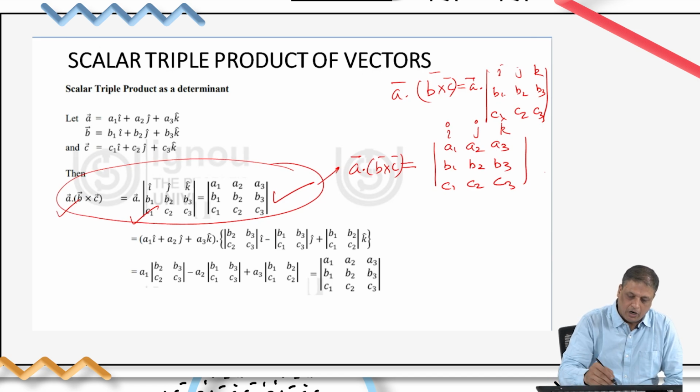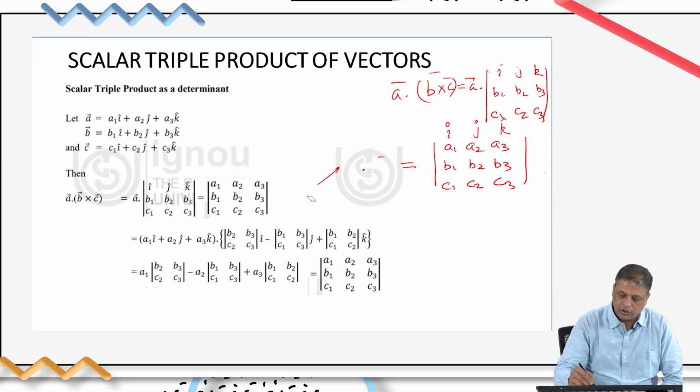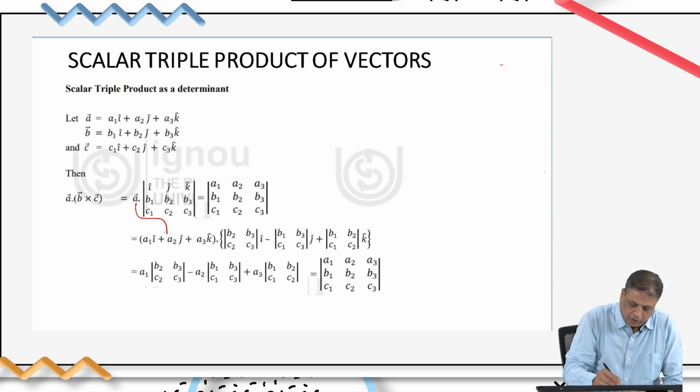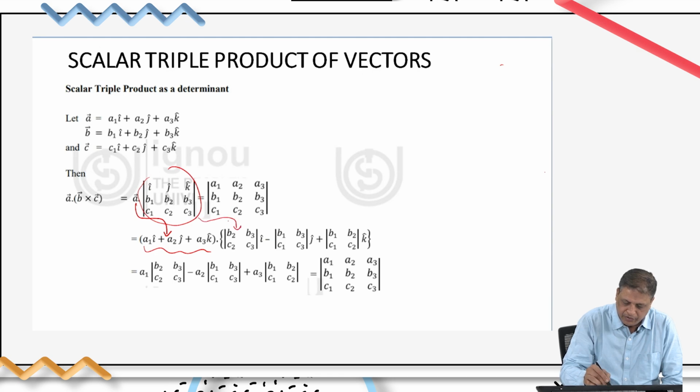Let us understand how we got this formula. We represent the component form of vector A as this, and this is the determinant, which we expand as we have discussed many times in our earlier sessions.